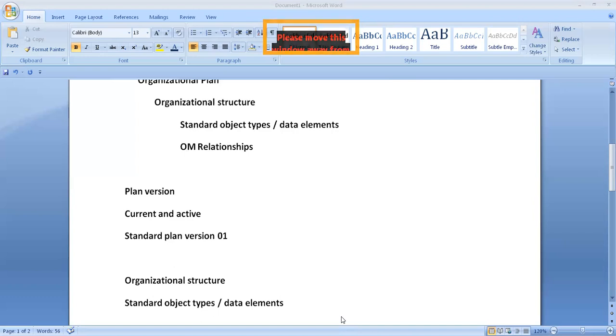So OM, organizational management, has also got certain standard object types and data elements. We are talking about those standard object types and data elements.